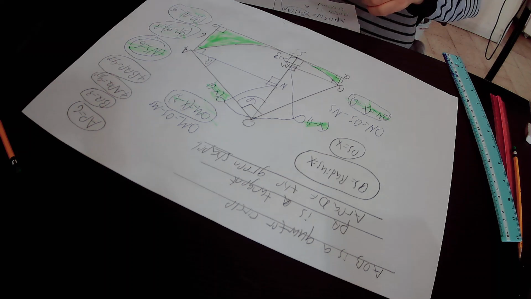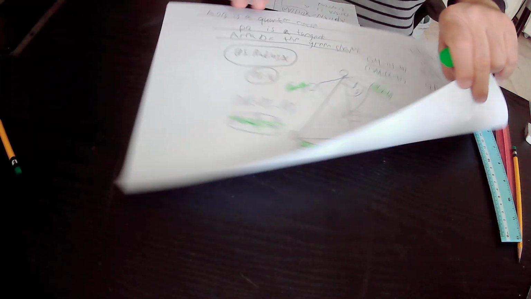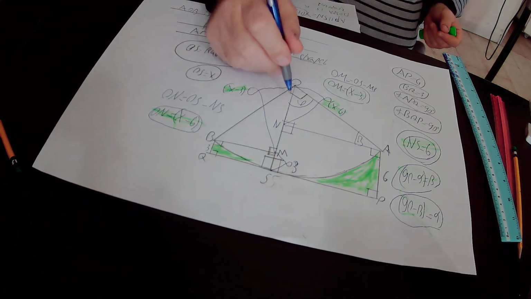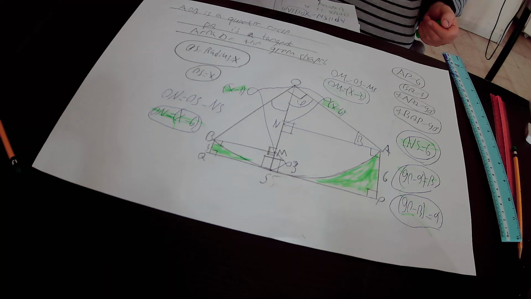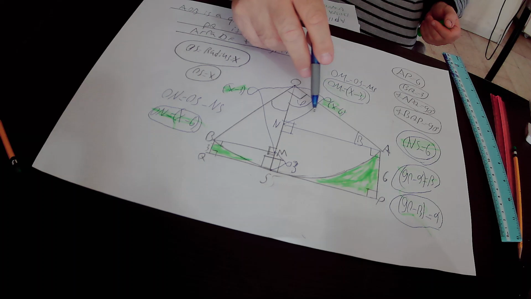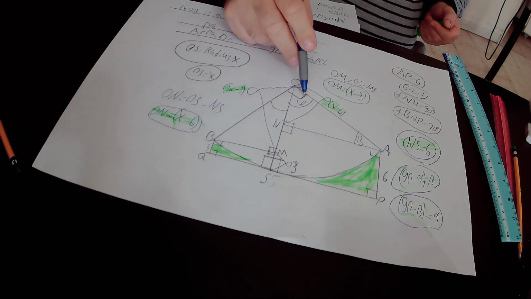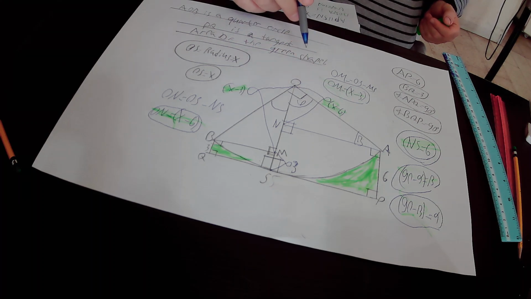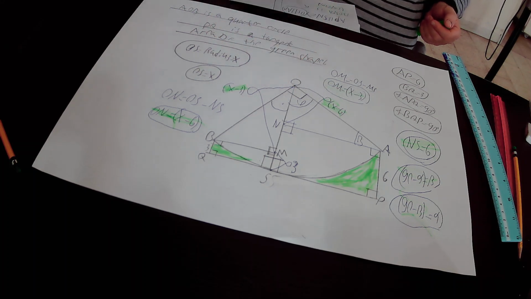So, what is the size of this missing angle? The size of this missing angle will be equal to the size of the big angle, that is 90 degrees, minus the size of this angle, that is alpha. So 90 degrees minus alpha equals the missing angle.